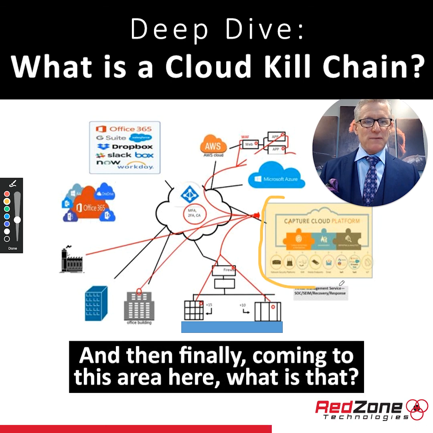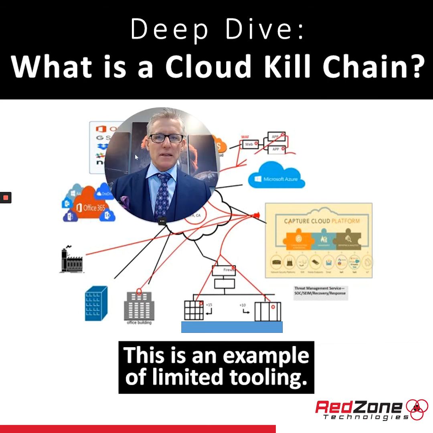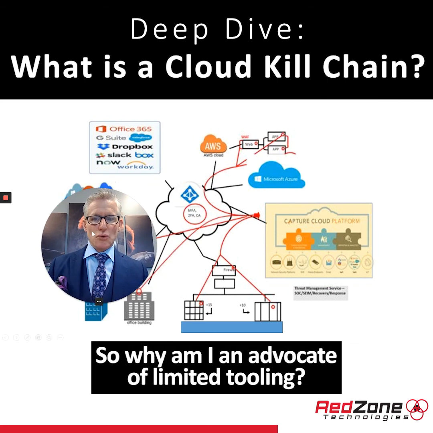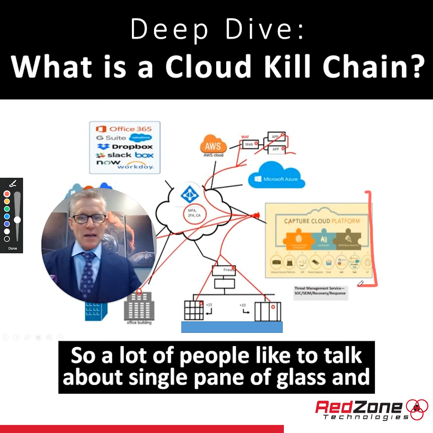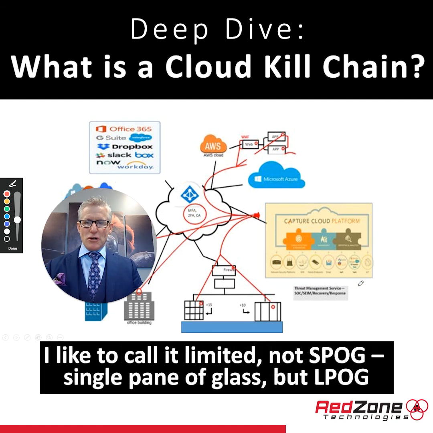And then finally, coming to this area here, what is that? This is an example of limited tooling. So why am I an advocate of limited tooling? A lot of people like to talk about single pane of glass, SPOG, and I like to call it limited panes of glass.